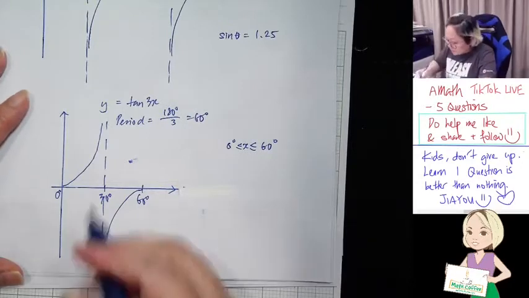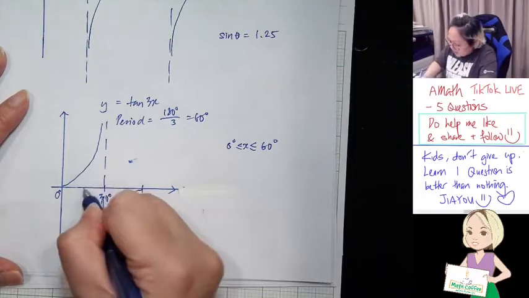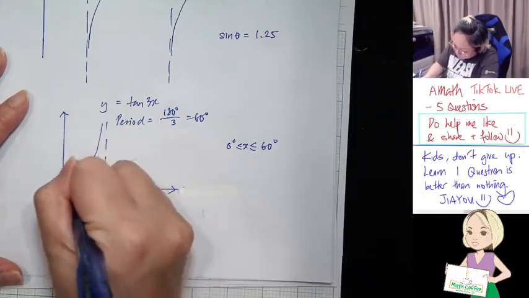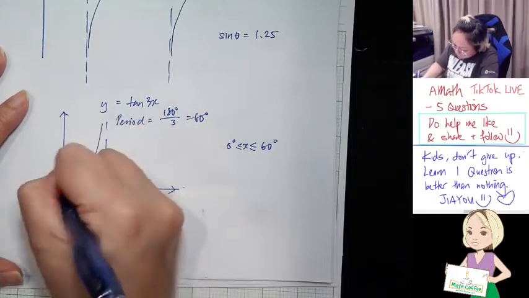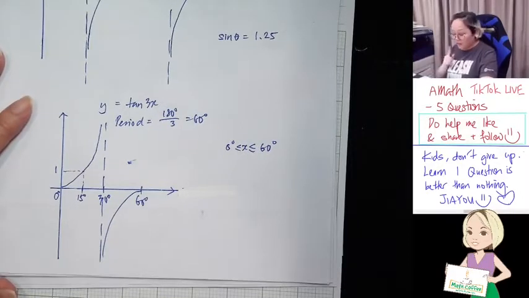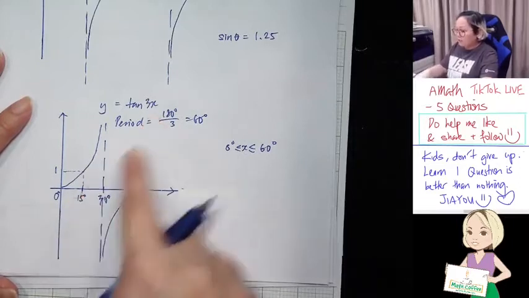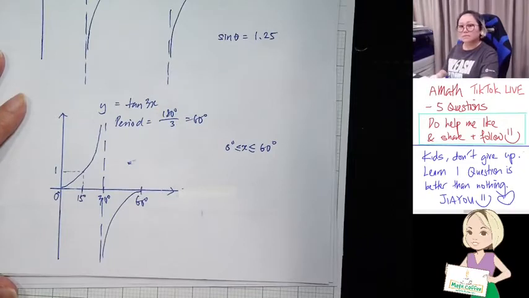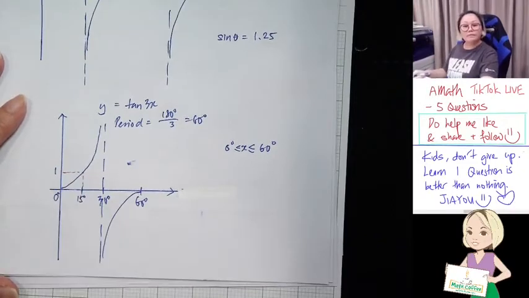The amplitude is at half of 30 degrees, 15 degrees, dot. And because my amplitude is 1, here is 1. Can or not? Actually, it's just tangent 45 is 1. You see, if my x is 15 degrees, 3 times 15 is 45, right? So it's 1.